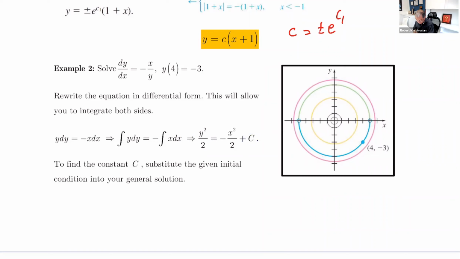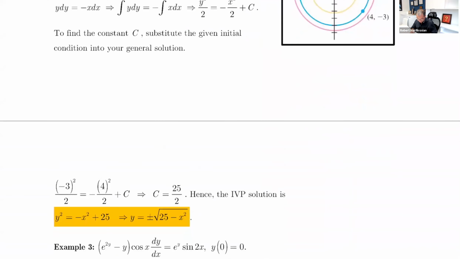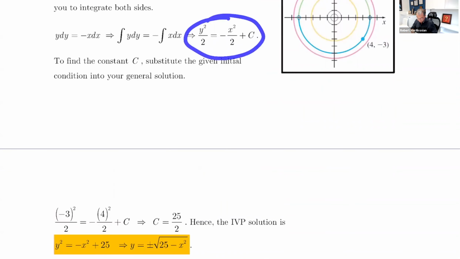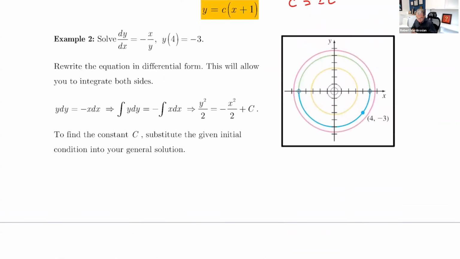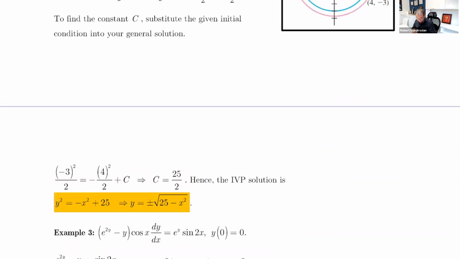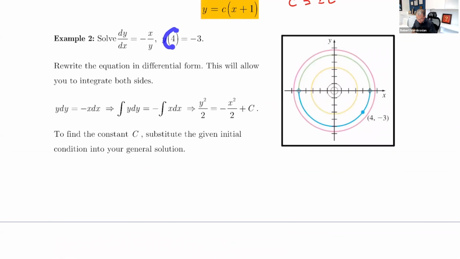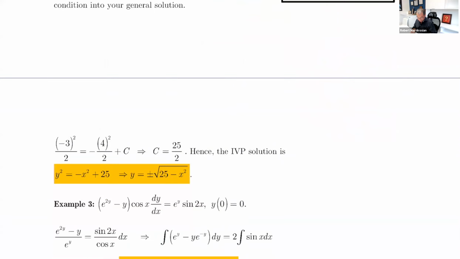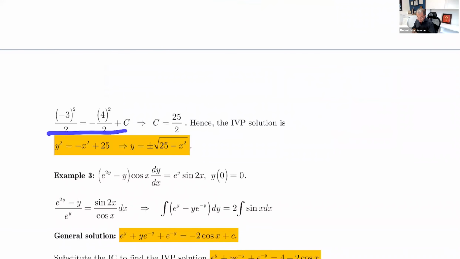To find the constant, substitute the given initial value. So let's see what happens. We can come to this equation, and we know that y of 4 is -3. So when x is 4, y is -3. So you can substitute y by -3 and x by 4, and that's what I did here.